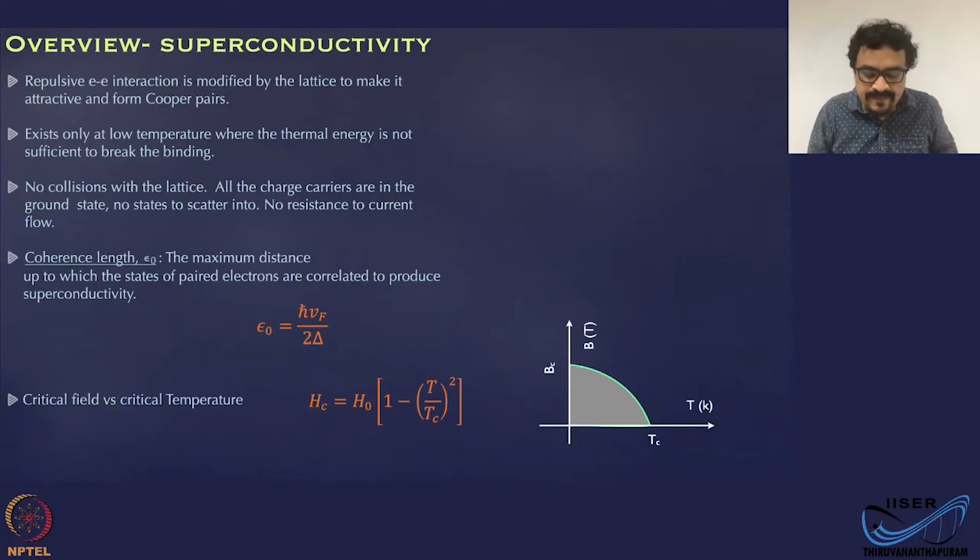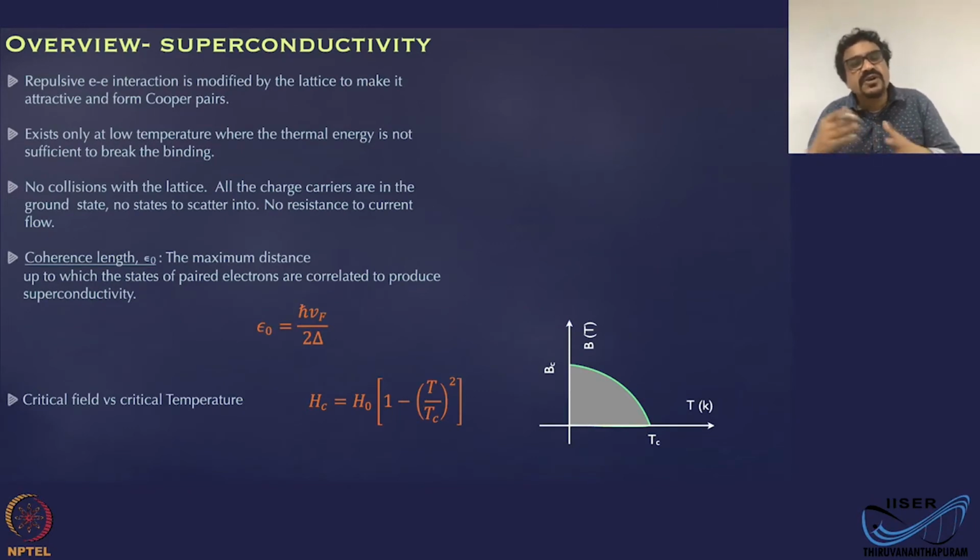And since the formation of the Cooper pair involves the lattice also, it's actually a kind of coherent state with the lattice itself, because the lattice is the one which mediates the attraction between the two electrons forming the Cooper pair.